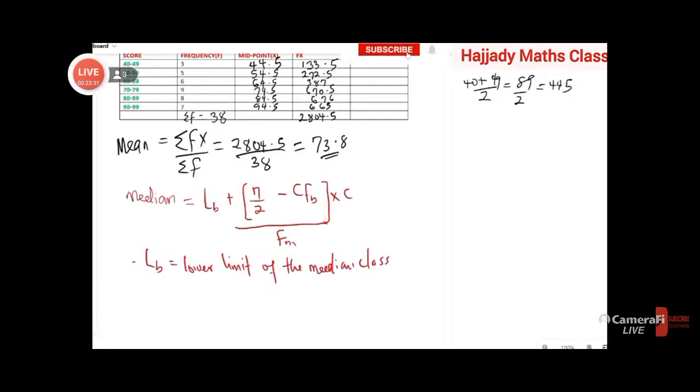And our N is the number of observations.